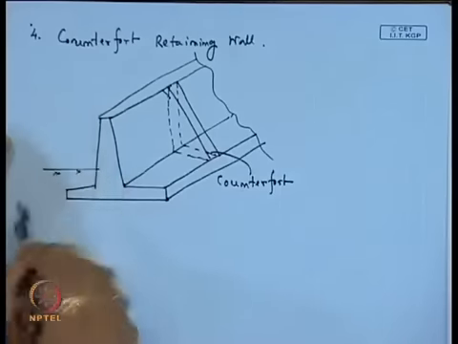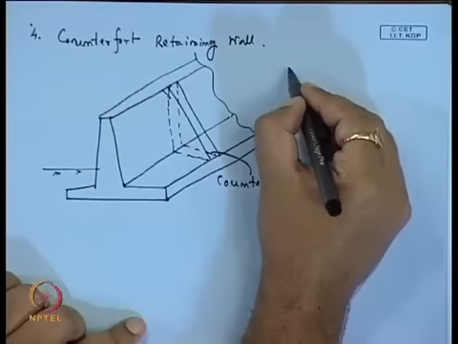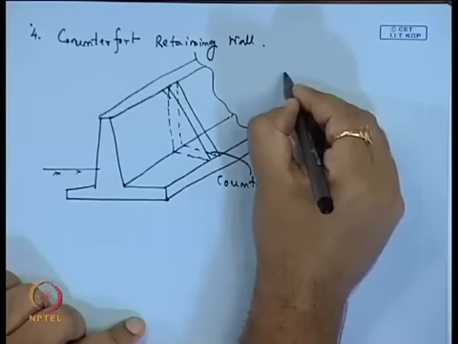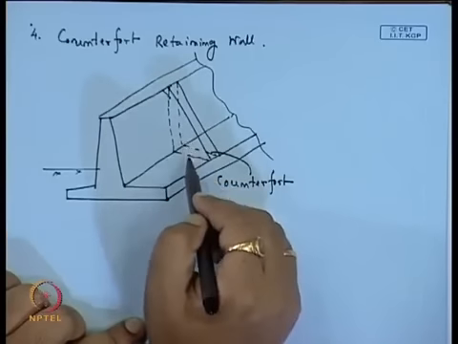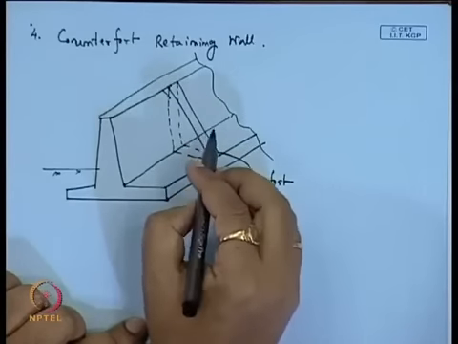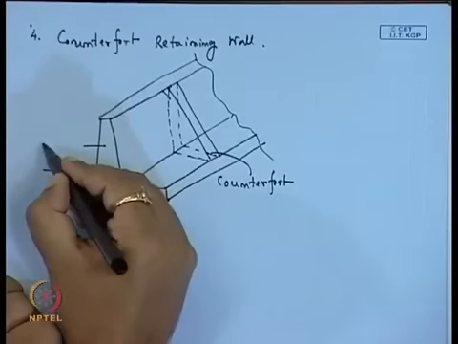In this type of reinforced retaining wall, the counterfort is used to reduce the shear force and the bending moment in the vertical stem of the slab. This portion is called the stem of the retaining wall.